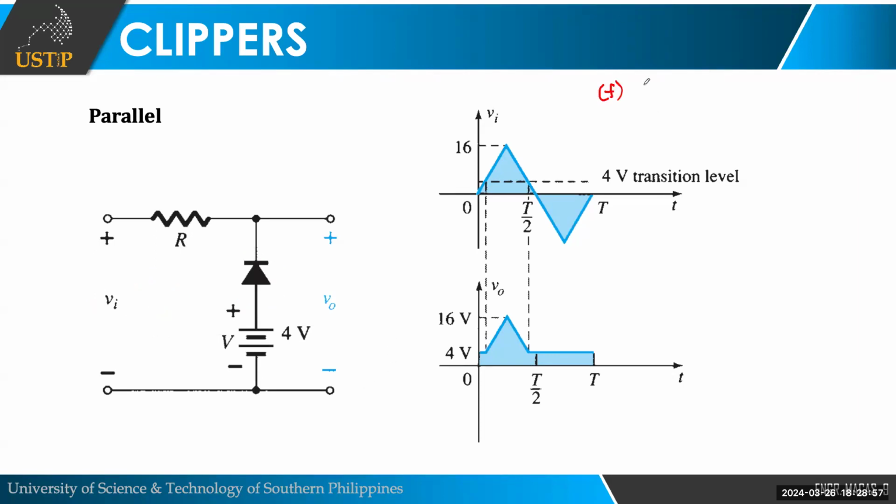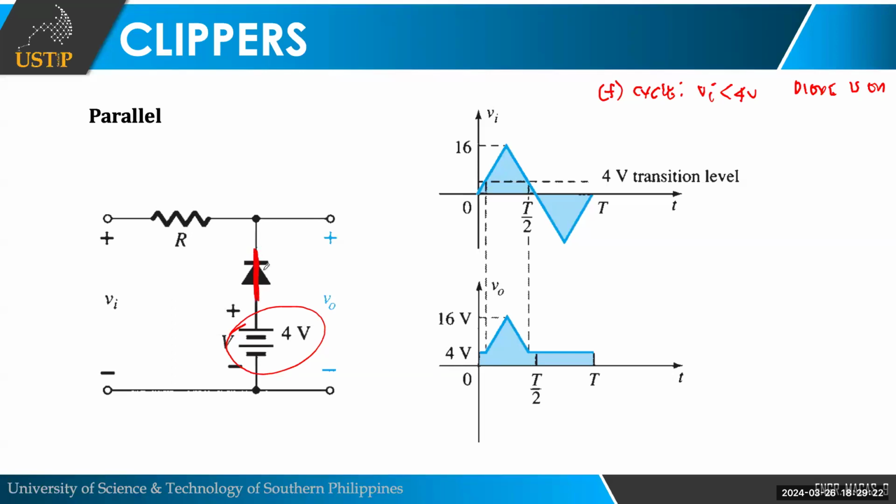During positive cycle, natay different condition here. First condition is that when your VI is still less than 4 volts class. Okay? Mo-on imuhang diode, tungod kay naka-forward bias siya ani. So kung mo-on imong diode class, mahimo ni siyang closed circuit, right?